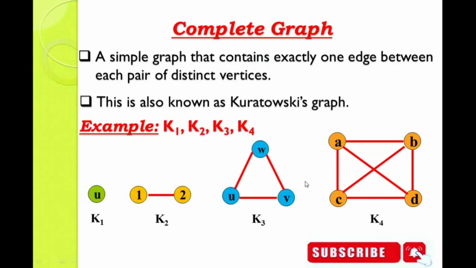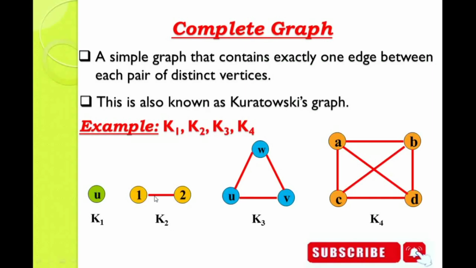Using this graph I am going to define a general result. If the graph has n vertices, then every vertex has n minus 1 edges. You see K1: n value is 1, how many edges? n minus 1, 1 minus 1 is 0, so 0 edges. K2: two vertices, each vertex has n minus 1 edges, n value is 2, so 2 minus 1 is 1.